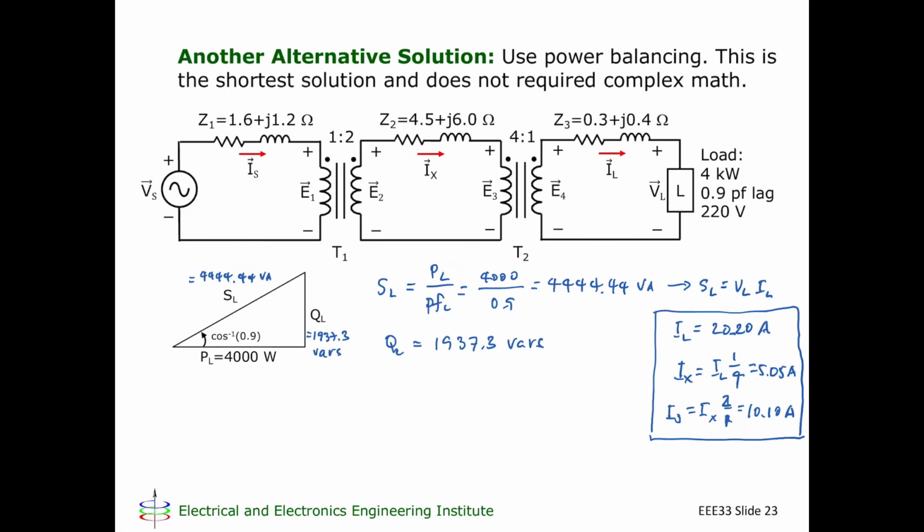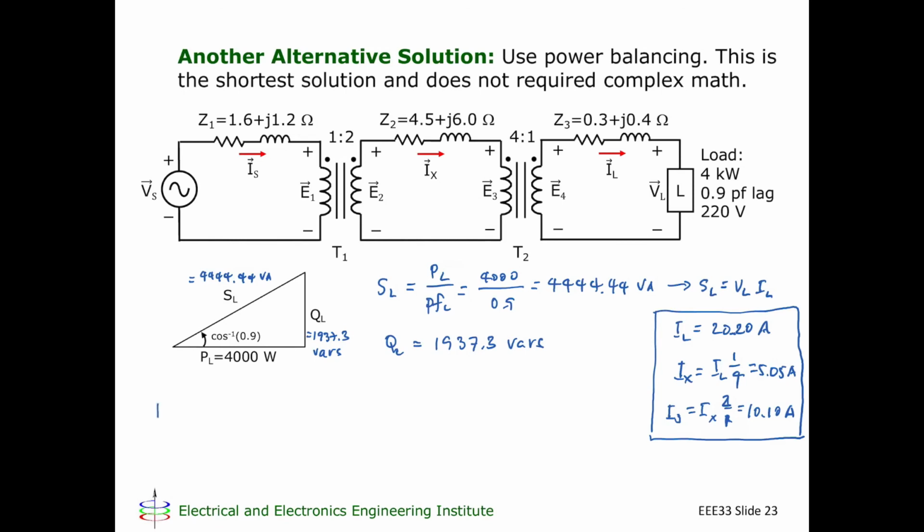Part of that will be lost in R3, the resistive component of Z3. The rest of it will be delivered to the load. Nothing will be lost in T1 and T2 because that is how we defined an ideal transformer.